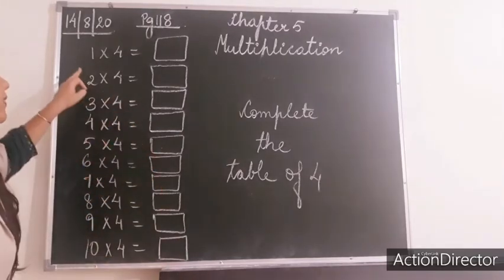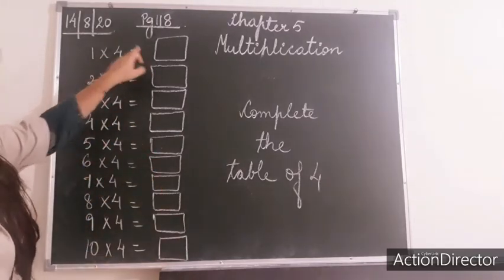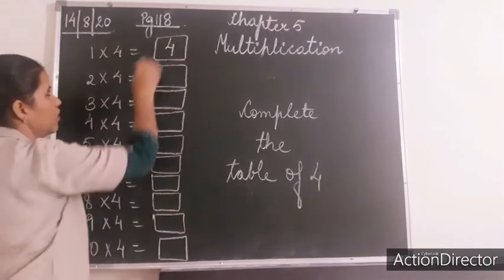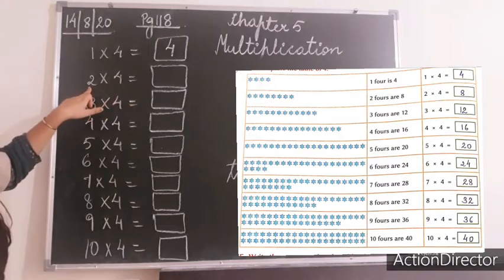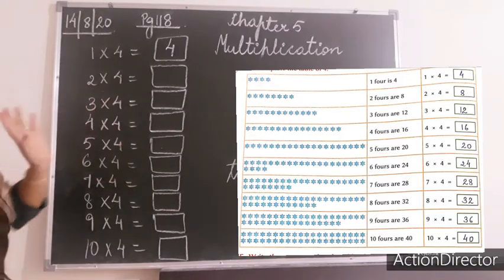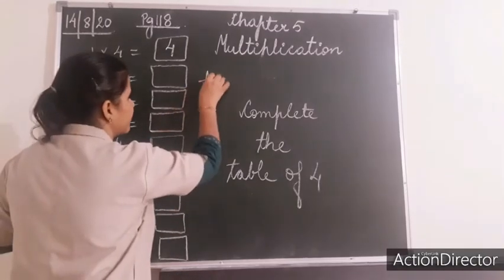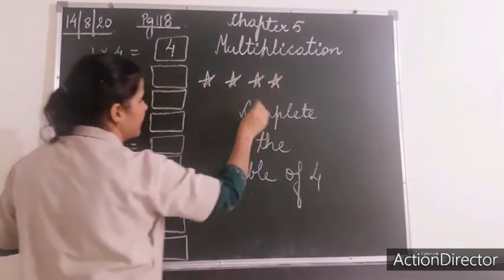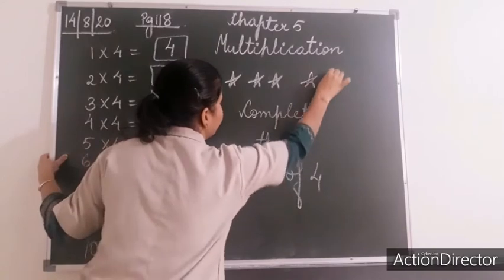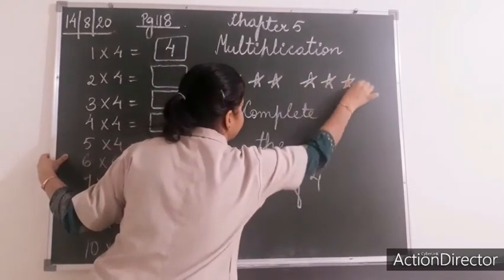Okay, for example, 1 4 is 4. Okay, then 2 times 4, that is 4 2s are 2 times 4. Okay, let's draw stars. See, I have drawn here 4 stars and here also I have drawn 4 stars.